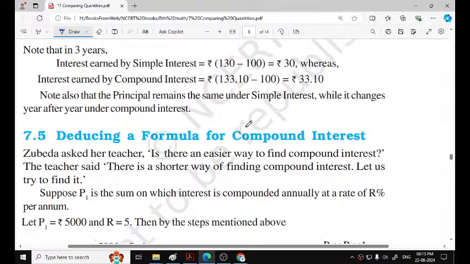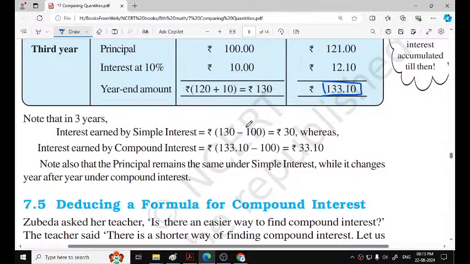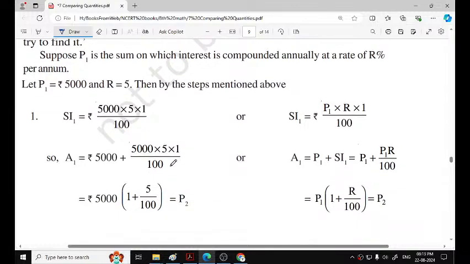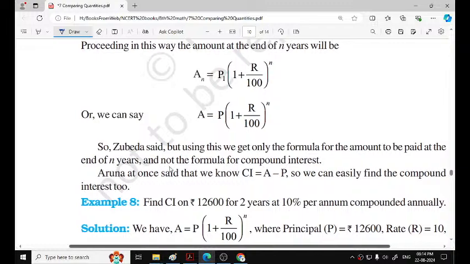Now we are going to deduce the formula for compound interest. We know that the formula for simple interest is SI is equal to principal into rate of interest into number of years divided by 100. But for compound interest, we deduce that the formula is A is equal to P into (1 plus R upon 100) raised to N. Let us explain this formula.